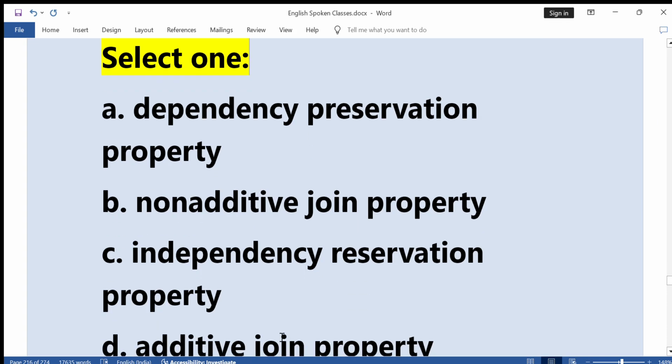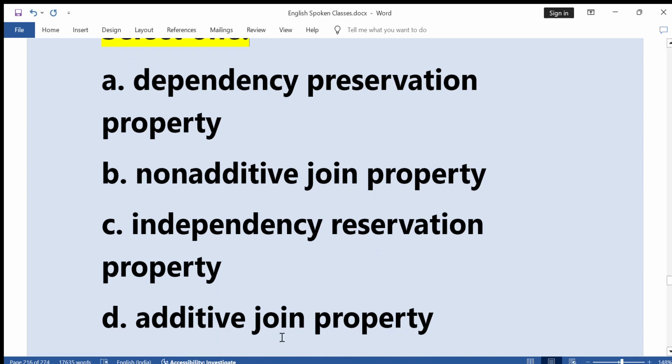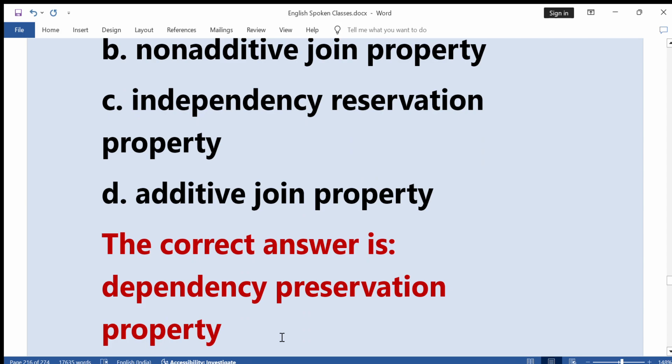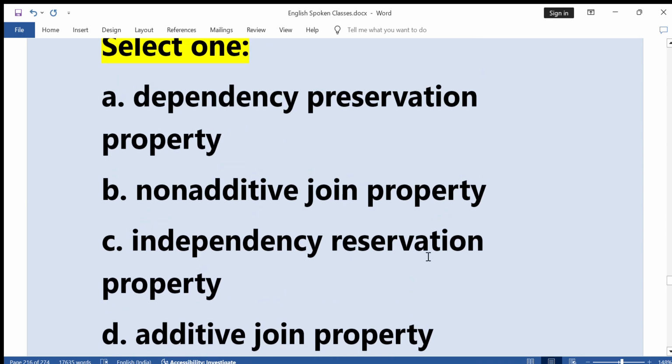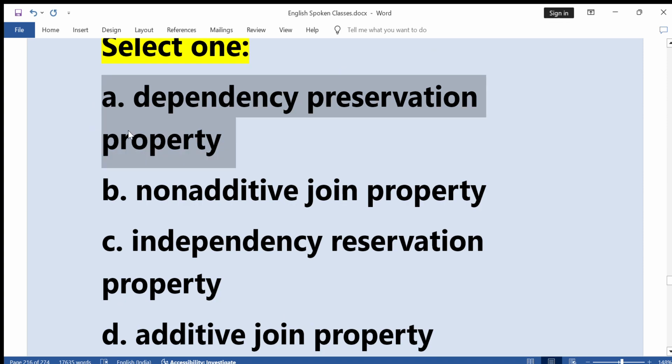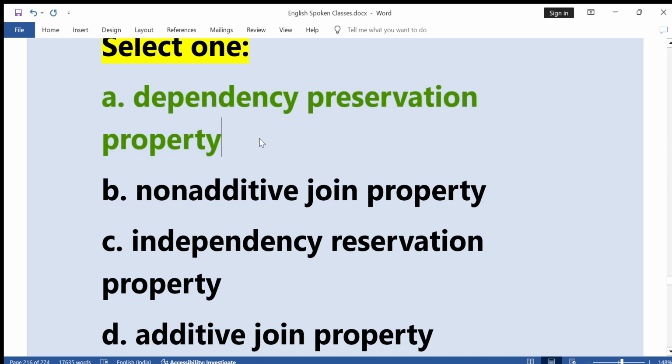First is dependency preservation property. B is non-additive join property. C is independent preservation property. D is additive join property. Then the answer will be option A, dependency preservation property.